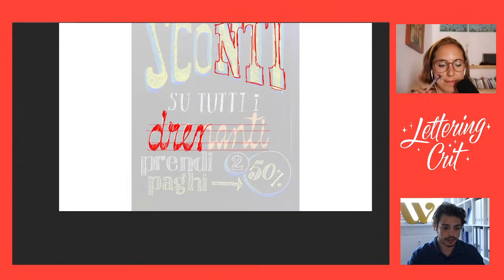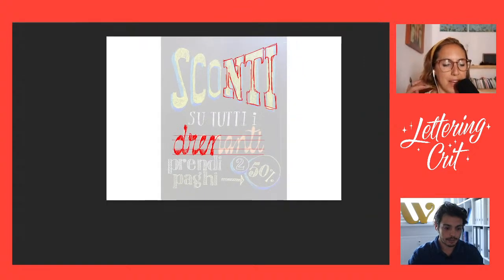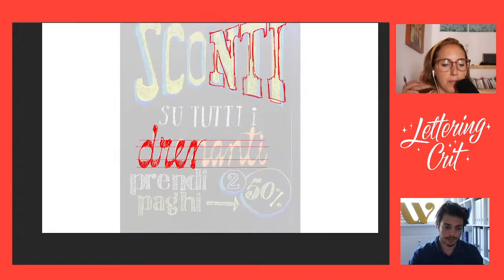So let me highlight these comments again. Now it's saying very useful advice for consistency. Yes, guidelines are such a great tool that we often overlook. And I think looking at the entire lettering piece, Glenda, you can use the hint of guidelines everywhere in every other word that you're using on that lettering piece. I think guidelines definitely help you achieve consistency.